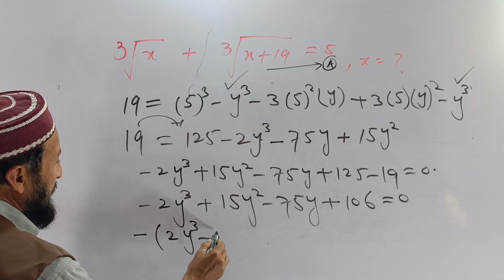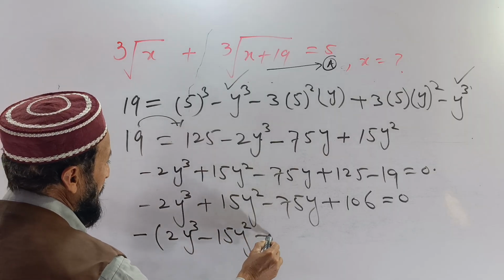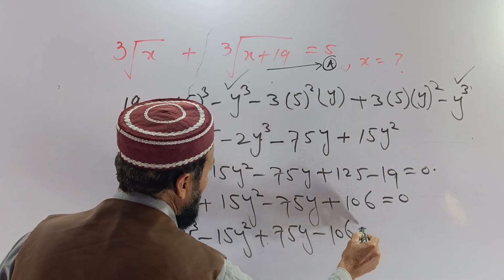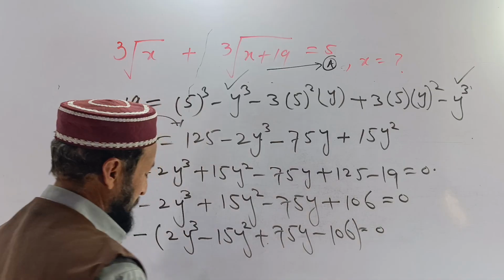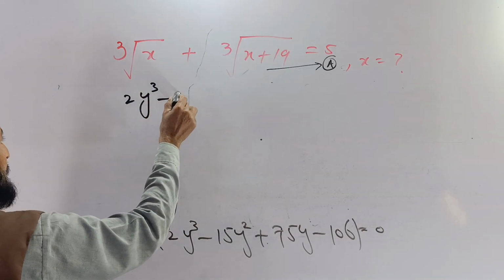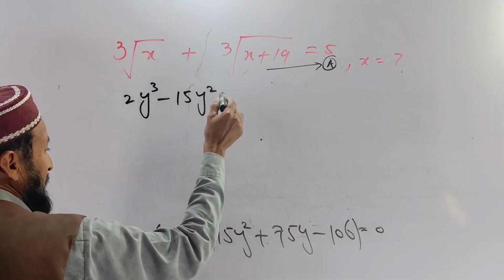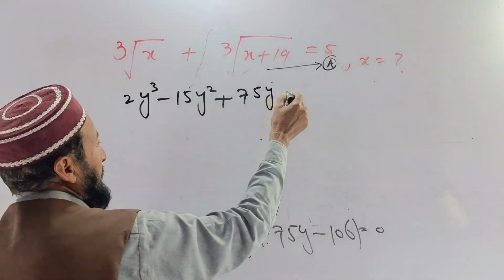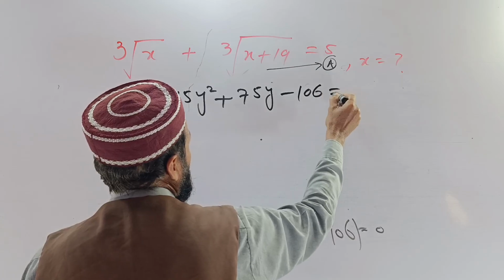Multiplying by minus 1, we get 2y cube minus 15y square plus 75y minus 106 is equal to 0.